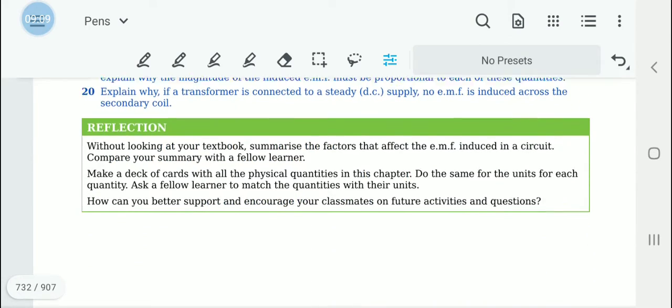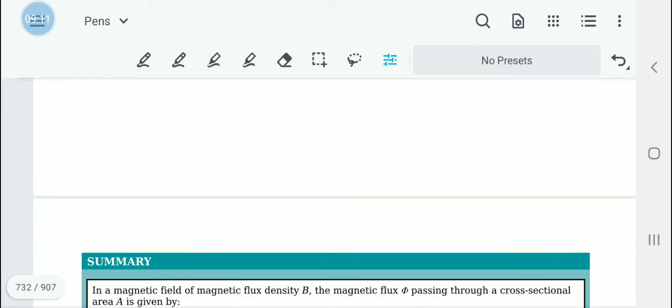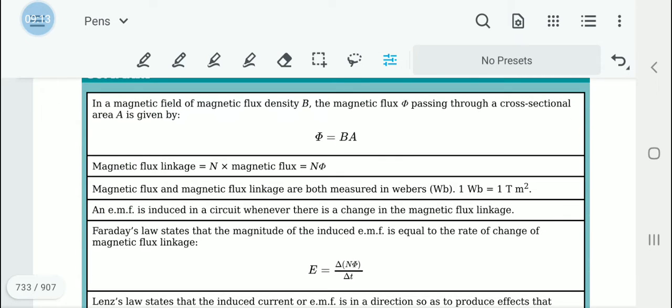So you will have to do the rest of the questions, and then the summary is phi equals BA, then phi equals BA cos theta. That is also something you need to remember. Magnetic flux linkage is N, the number of turns, times magnetic flux. They have the same unit, Webers.